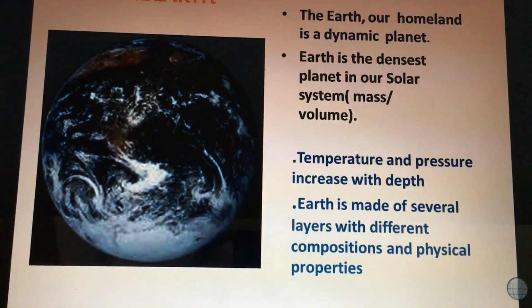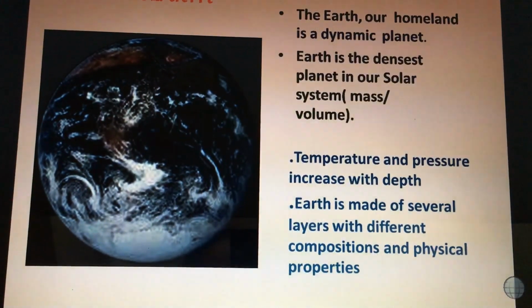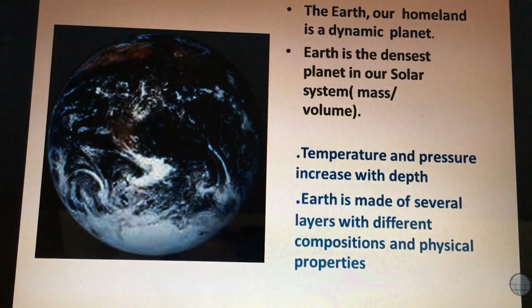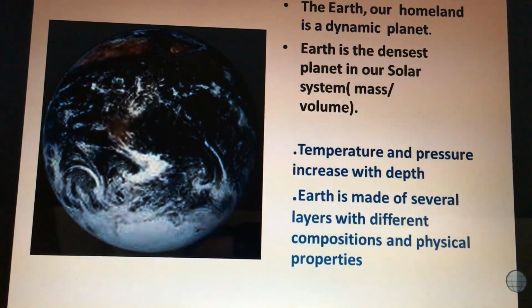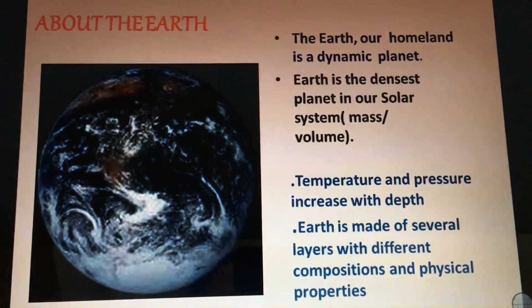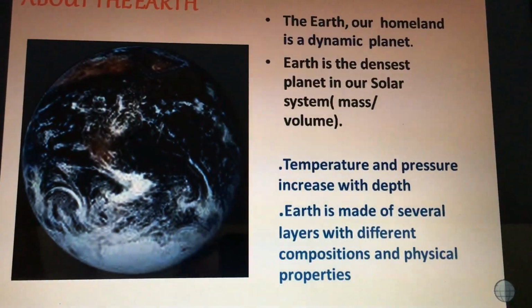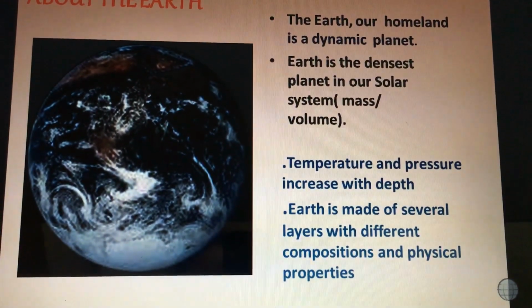Most of our knowledge of the Earth's structure and interior is based on the density of materials and the behavior of earthquake waves. So I have a question. Have you ever experienced an earthquake? What happened at that time? Our ground started shaking.